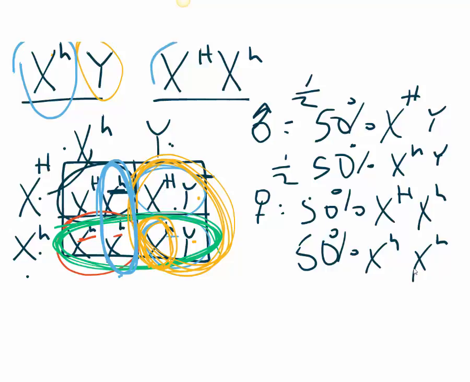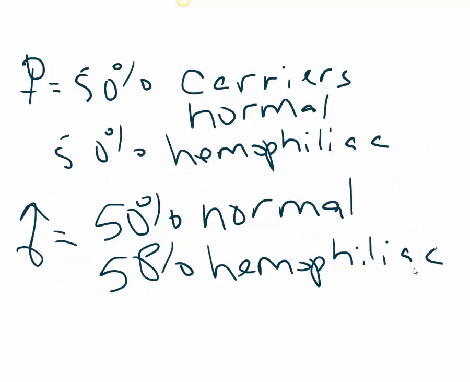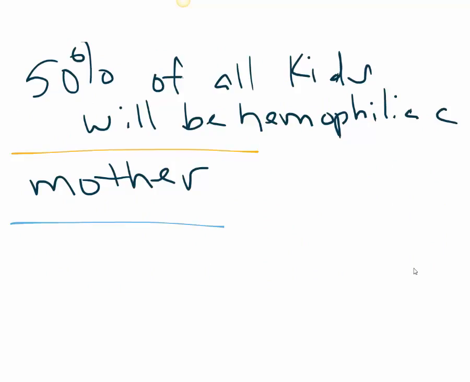If she's a carrier, that means her other allele is big H. So we're focusing on this group right here. This individual is a carrier. So the only way that they can be a carrier means that they had to get the disease allele from dad. Because if they have the big H, the only way they would have a big H and be a carrier is because they got the big H from mom. So that little h had to come from dad. So the answer to the third question is from the father.